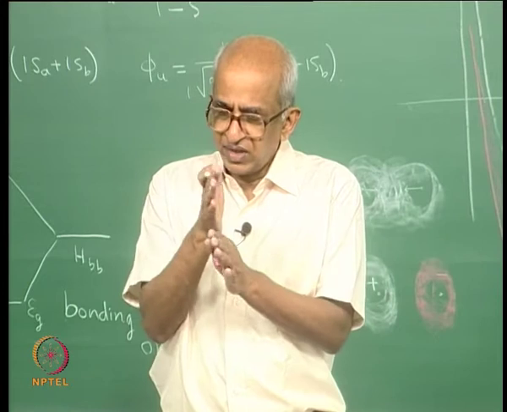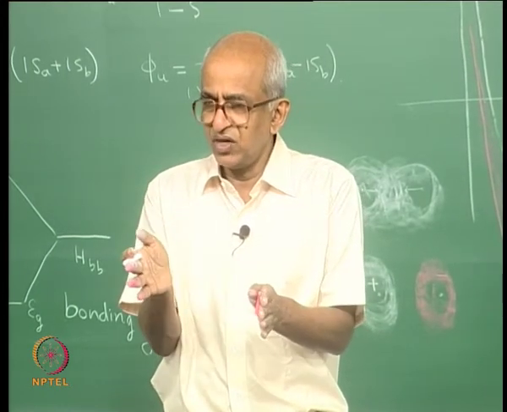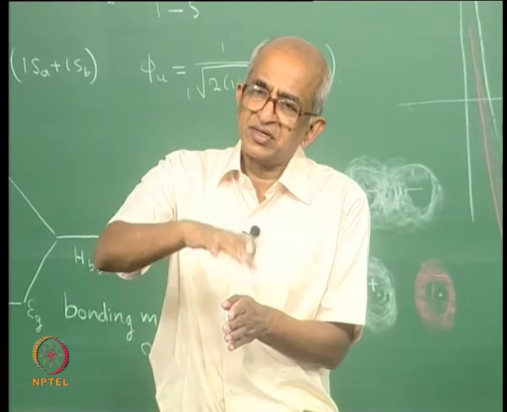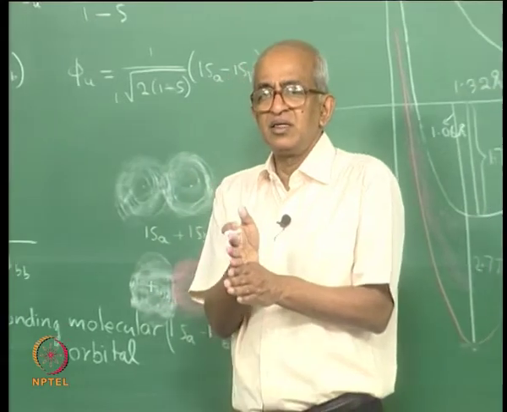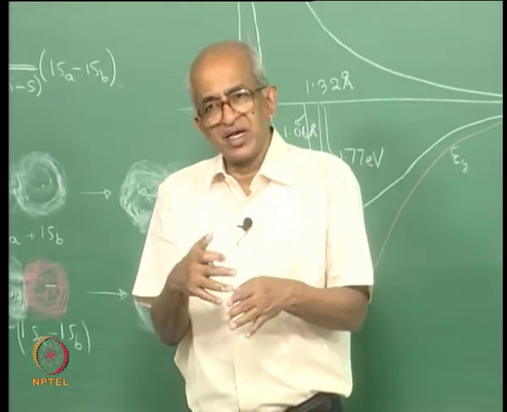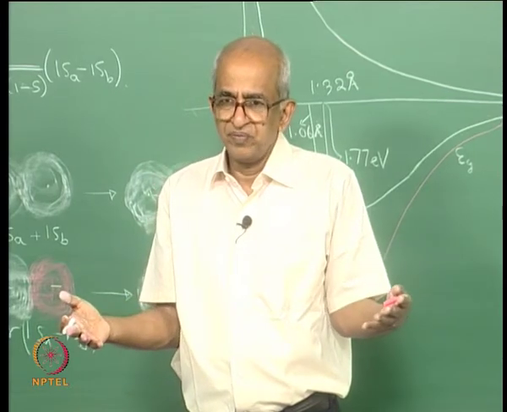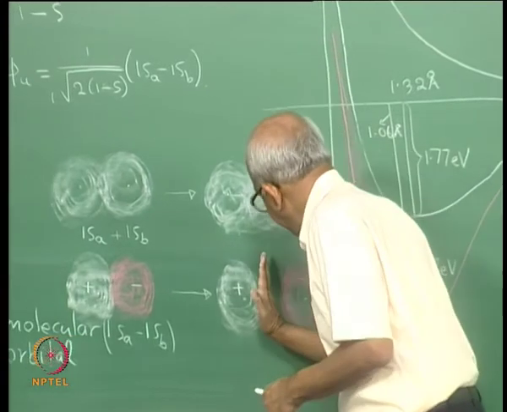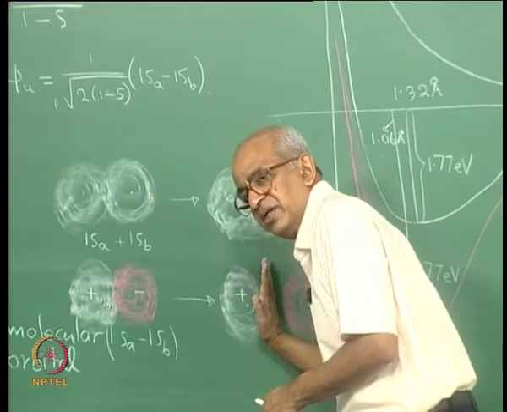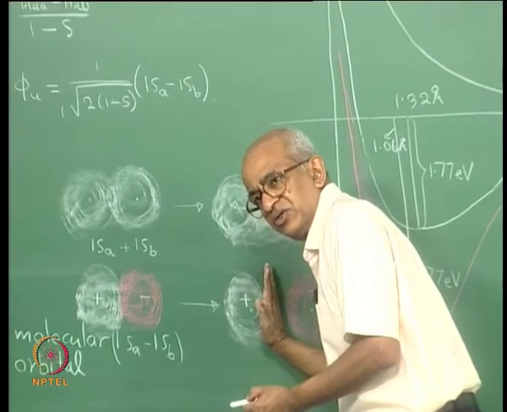But you are actually subtracting 1s A from 1s B, which means that on this plane they will cancel each other exactly, so that the answer is going to be 0. Therefore, right in the middle, on this plane the wave function will be identically equal to 0.